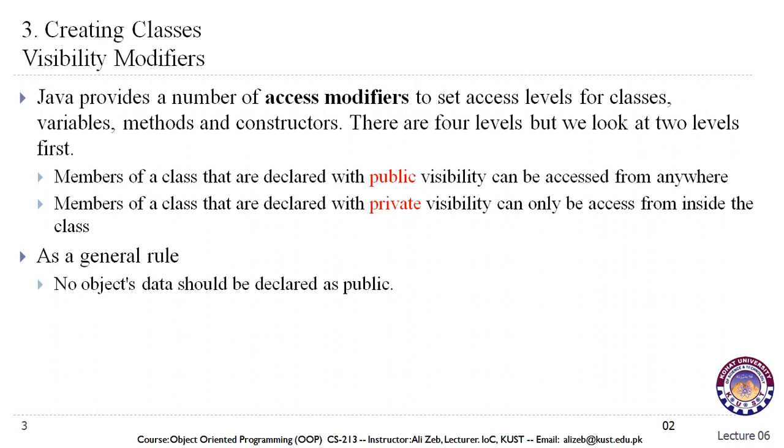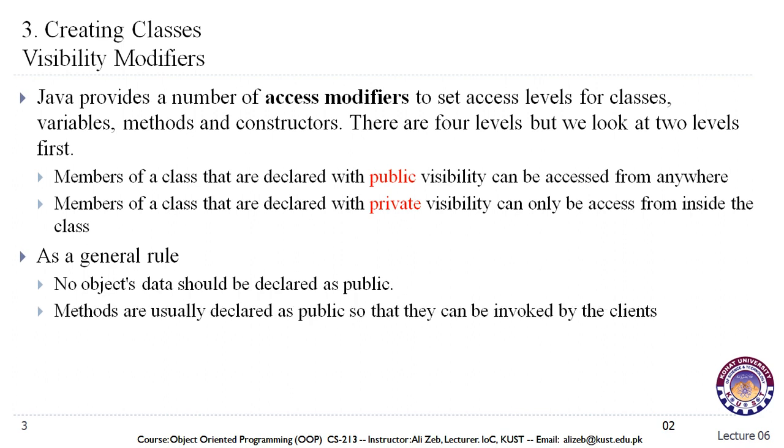As a general rule, we try to hide the data for our objects. No object's data should be declared as public. That means that we will try to declare our instance variables as private whenever possible, and methods are usually declared as public so that they can be invoked by the clients.